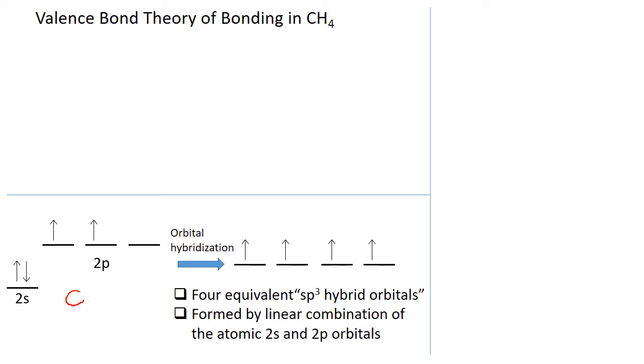But when carbon is present in the middle of a molecule like CH4, what I end up with is 4 sp3 hybrid orbitals, which are formed by linear combinations of our atomic 2s and 2p orbitals. Each one of our 4 valence electrons sits in one of our hybrid orbitals.